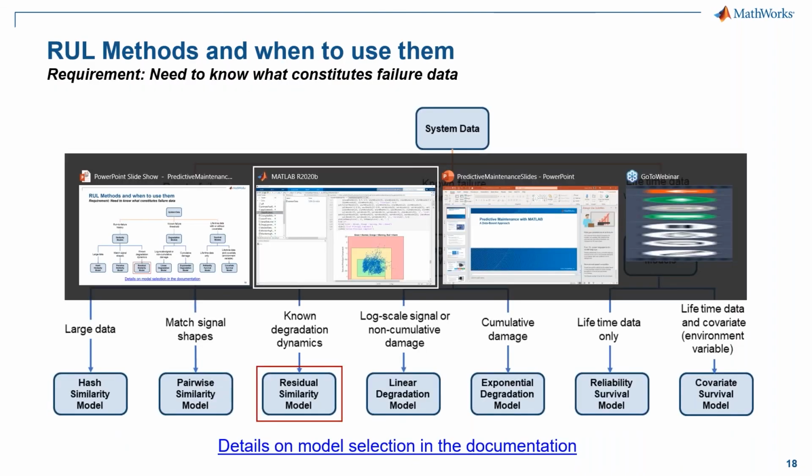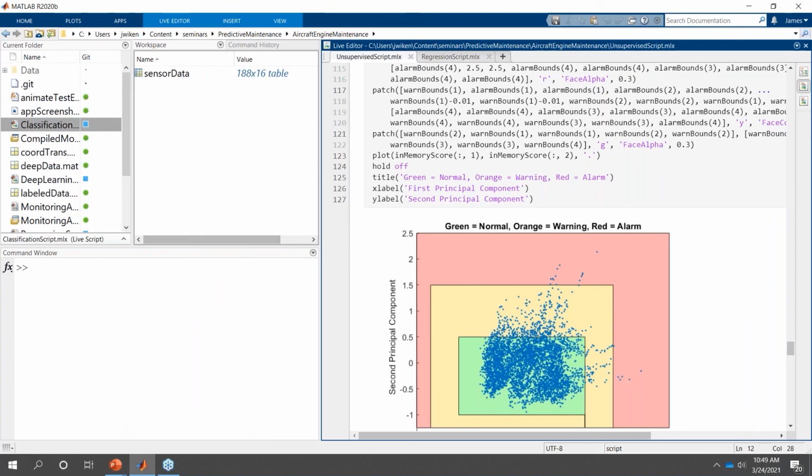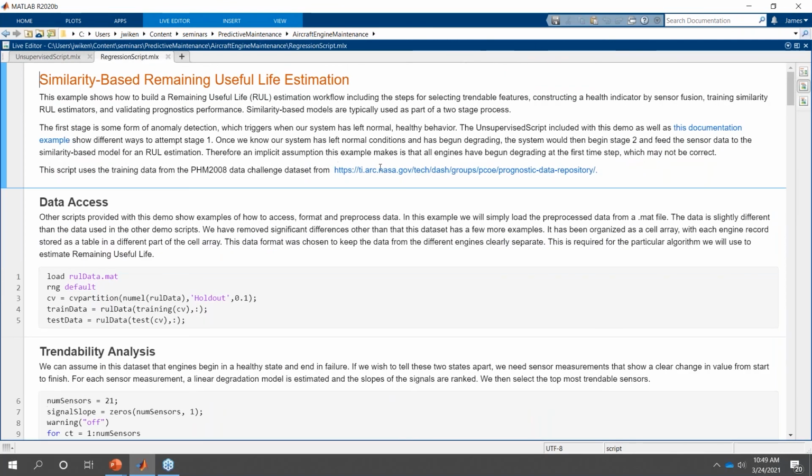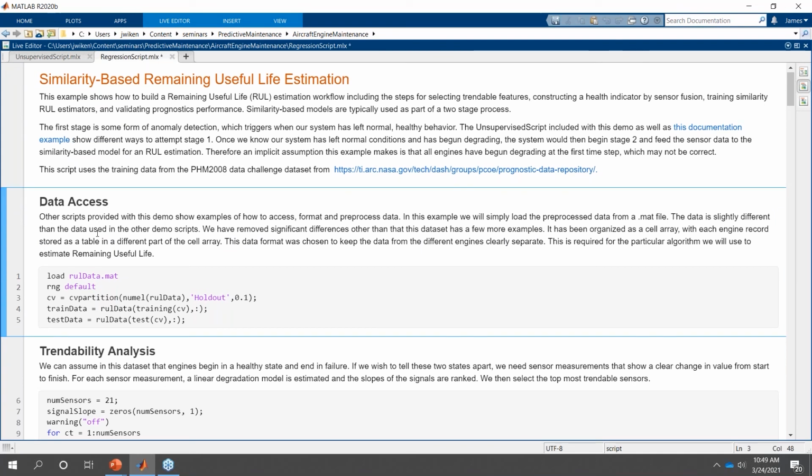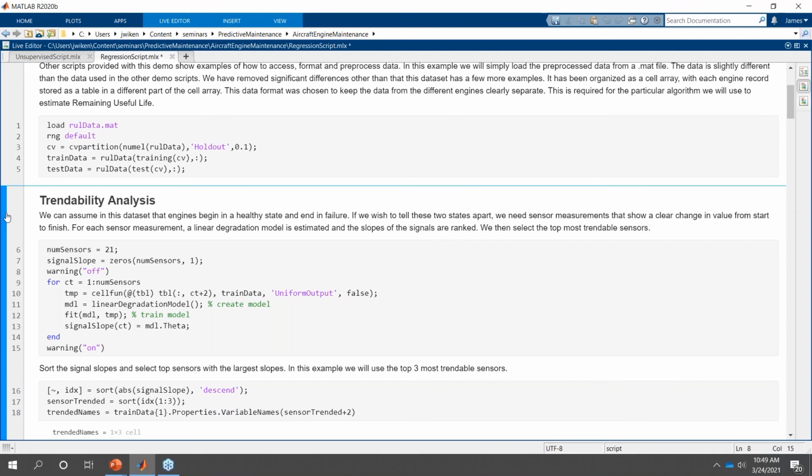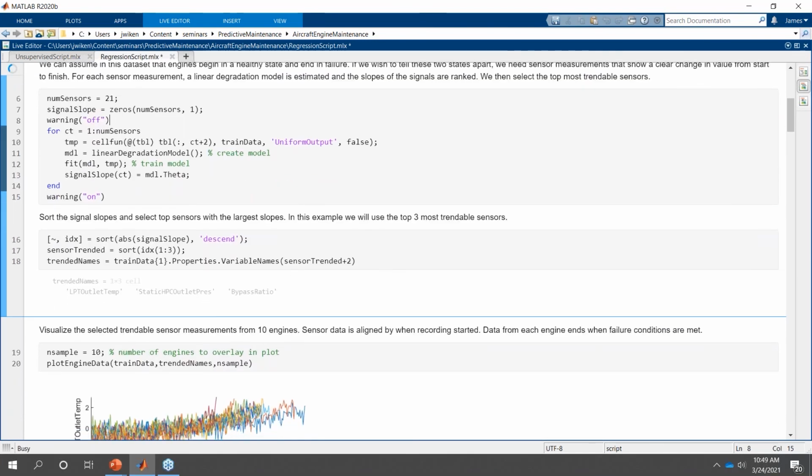Okay, so let's hop back into MATLAB and we will walk through this problem. All right, so I'm going to load my data set in, and we're going to do some very similar stuff, right? We're going to do some trendability analysis. This is the same thing we did visually.